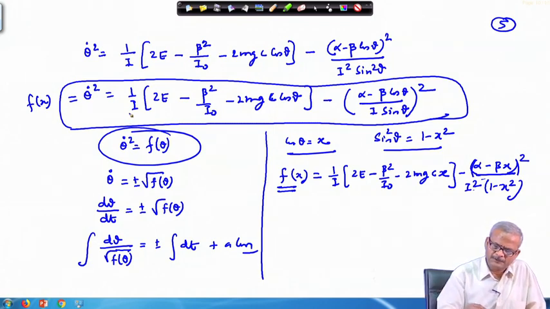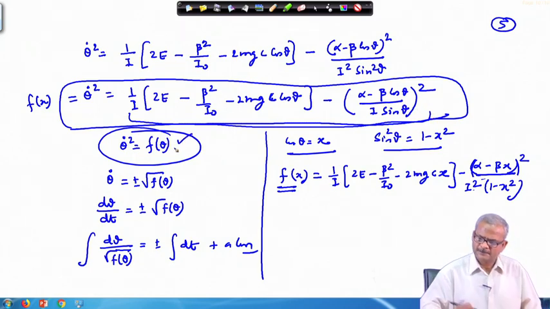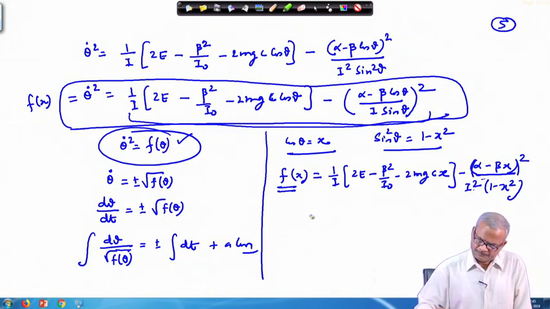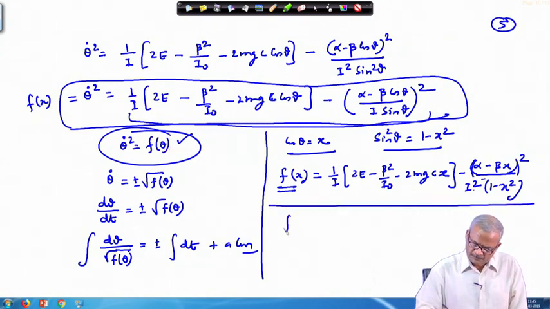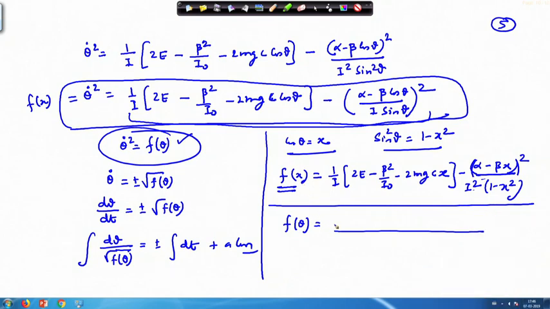If you look at the right hand side, this particular part is only a function of theta. So, your right hand side, which is a function of theta, we can write as f theta equal to this quantity, which we have written right now in terms of x.